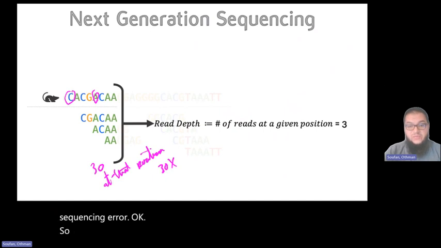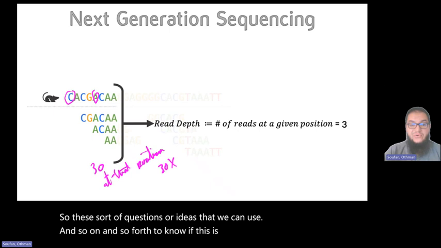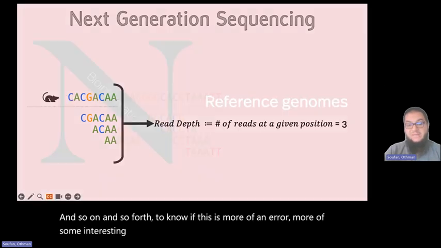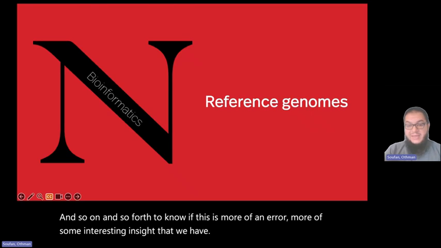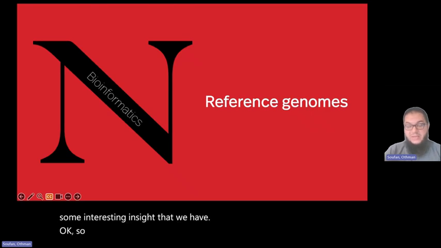So these are the sorts of questions and ideas that we can use to know if this is more of an error, or some interesting insight that we have. Okay, so I'm going to leave this to the second part.